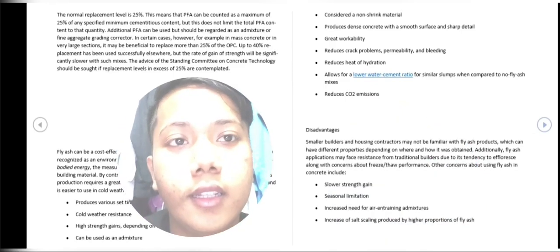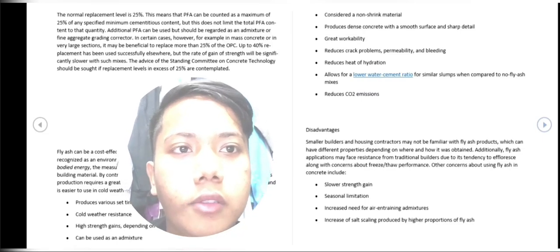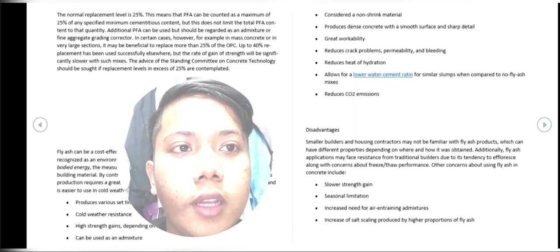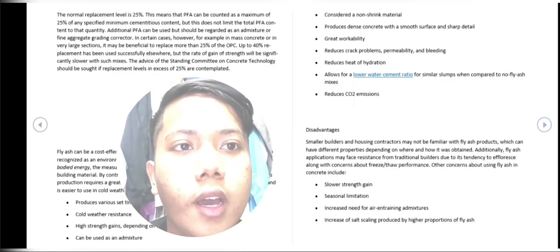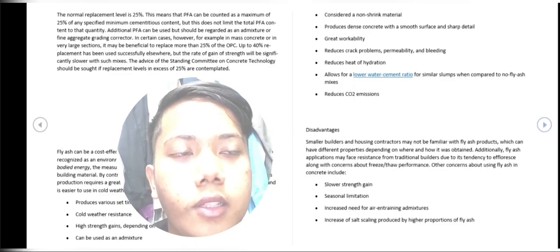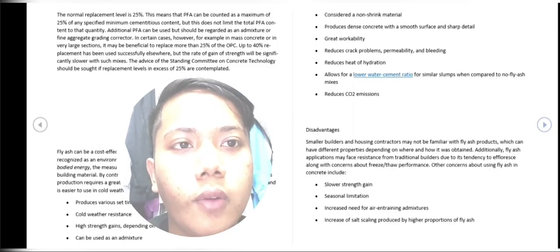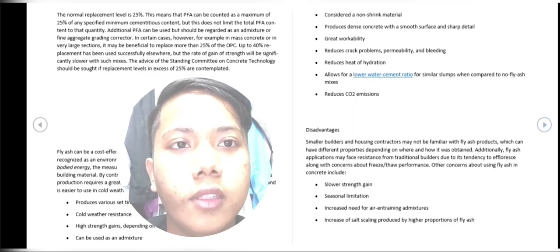Okay, the disadvantages of PFA. Smaller builders and housing contractors may not be familiar with fly ash products, which can have different properties depending on where and how it was obtained. Additionally, fly ash application may face resistance from traditional builders due to its tendency toward efflorescence, along with concerns about freeze-thaw performance.